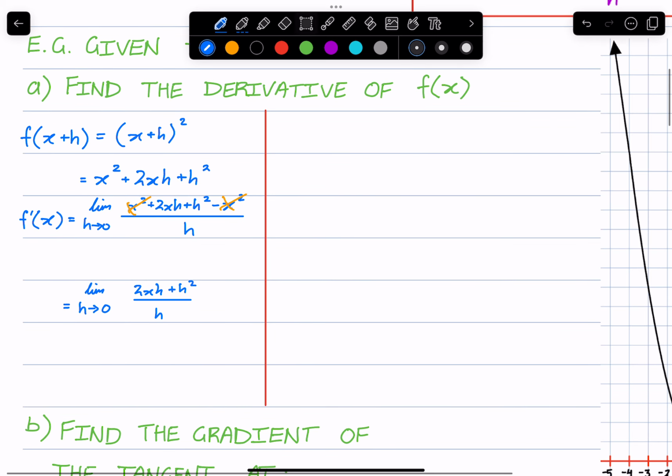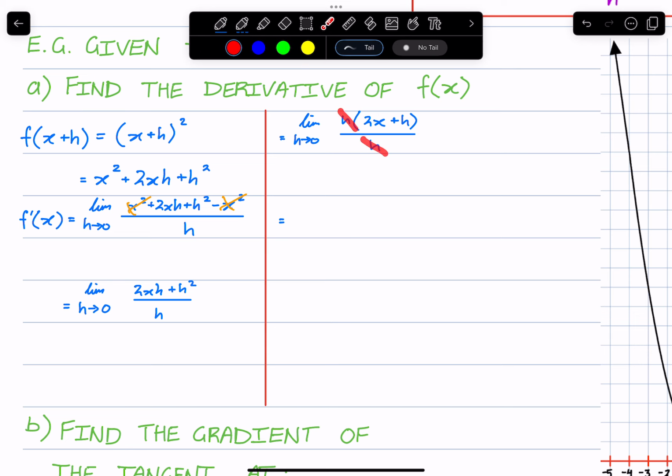I'll draw a line so we can follow to the next line. From this point, we can see we can factor out h on the numerator. So the limit as h approaches 0, h outside of 2x plus h, all over h. From here, we can cancel out the h's. So we are left with the limit as h approaches 0 of 2x plus h.